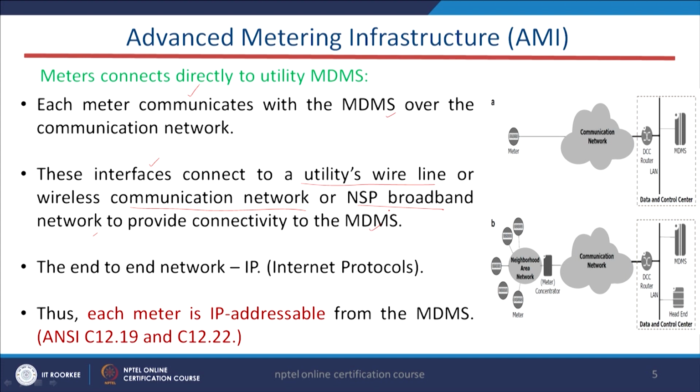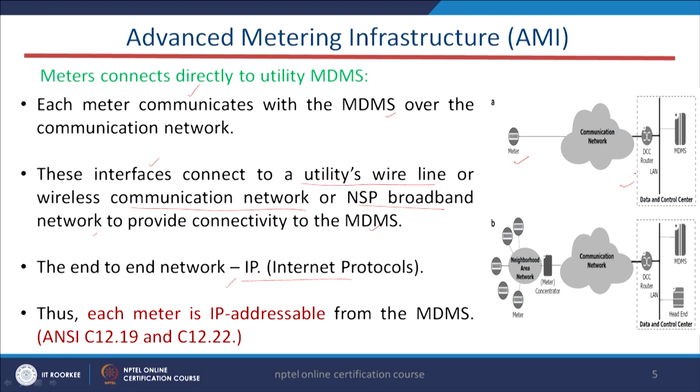And the third one is that the communication network may also be IP type, internet protocols. So, through this type of communication system also the smart meters are connected to the utility side.